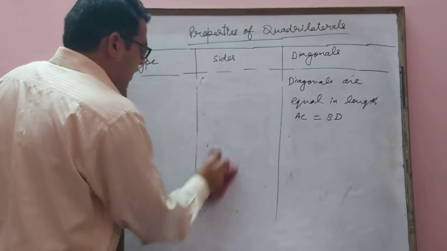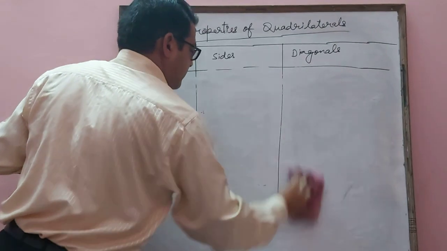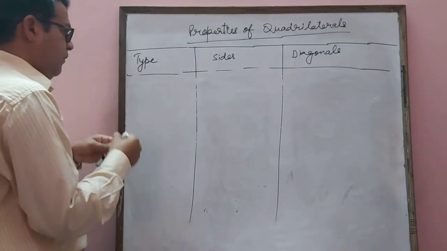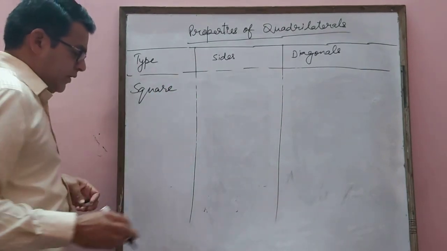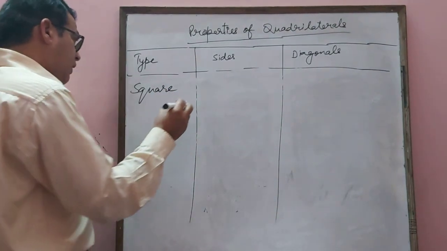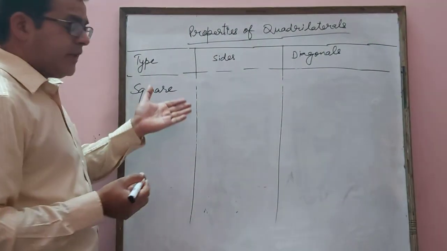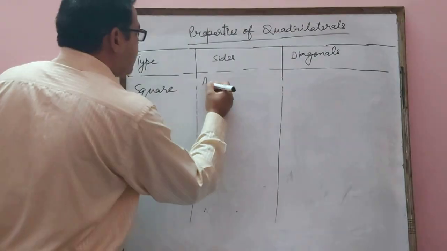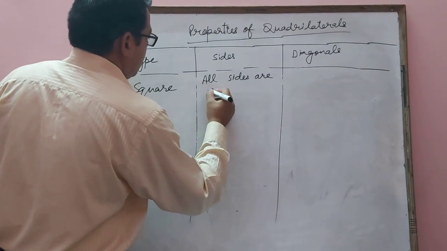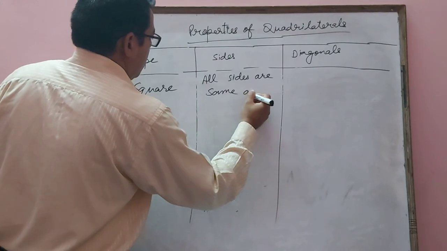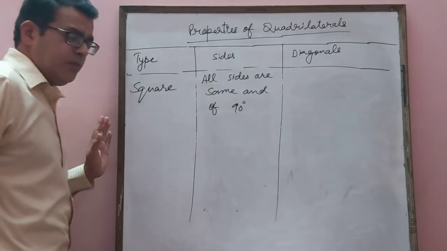The next quadrilateral I am taking here is the square. Right? So what is the property of a square in respect of its sides? All sides are the same. And of course 90 degrees, right?